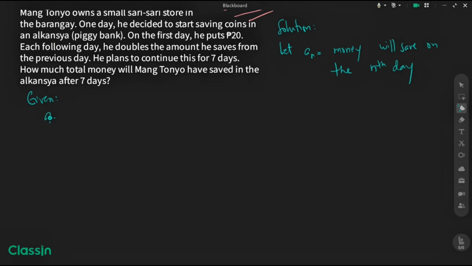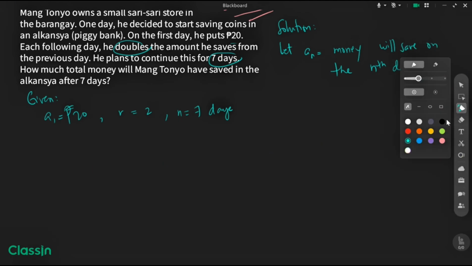The first term is 20 pesos, because he puts 20 pesos, and the ratio is 2, because he doubles. And our n is 7 days. Since we know the number of terms, which is 7, we are going to use the finite geometric series formula.